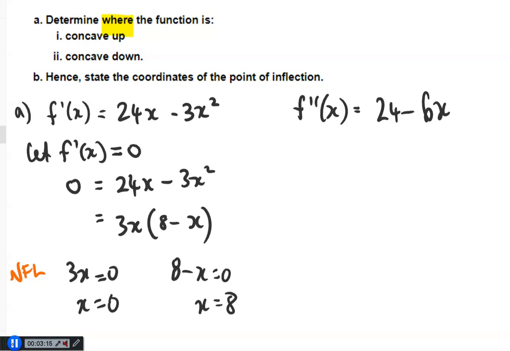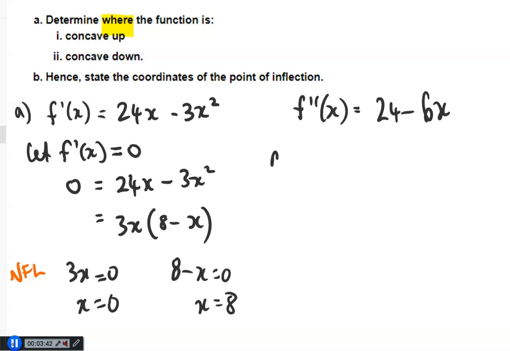What am I going to do here? Any thoughts? Any guesses? Well, we already know where: x equals 0 and x equals 8. My point is, why are we taking the second derivative? To find concavity. So what do I have to do from this point? That's right. I substitute those 2 points into that equation.